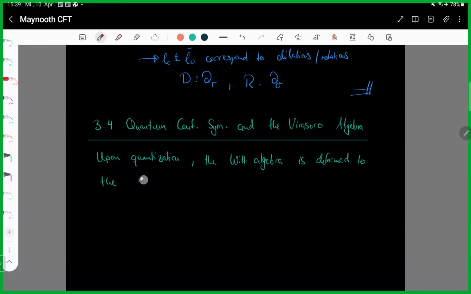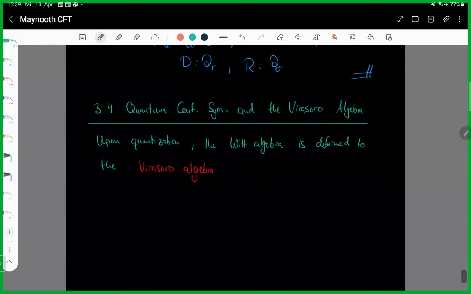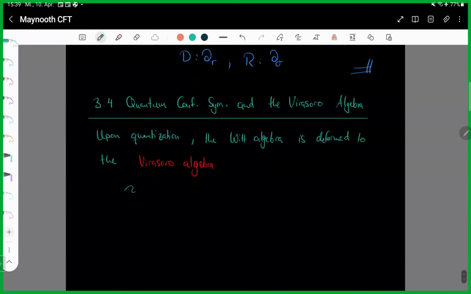I'm not sure how much CFT literature you read, but the Virasoro algebra is basically the buzzword associated with two-dimensional conformal symmetry. And the Virasoro algebra looks as follows. I'm going to write the generators with capital L.